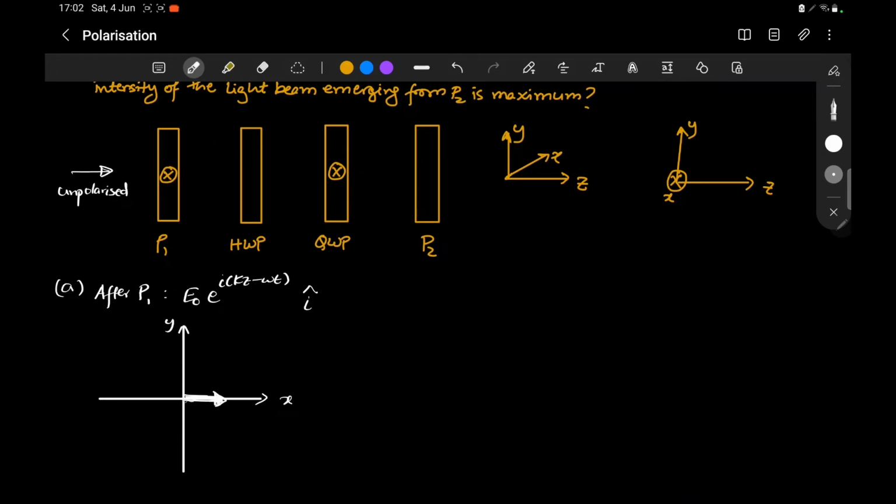So this is the electric field after the polarizer. So this is E after P1, and the fast axis of half wave plate makes angle 30 degrees. So somewhat like this. This doesn't look like 30 degrees. Let me try once again.